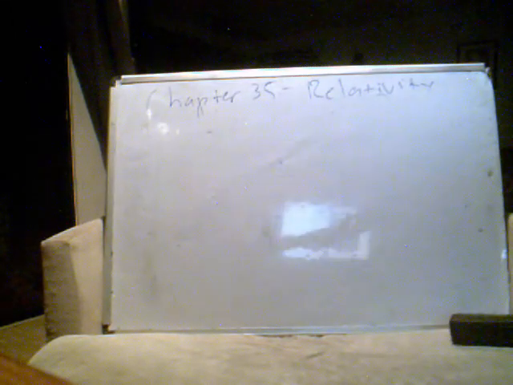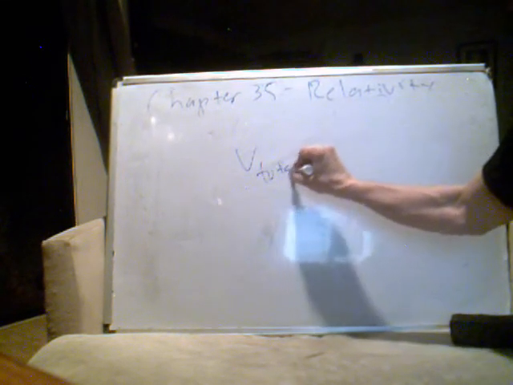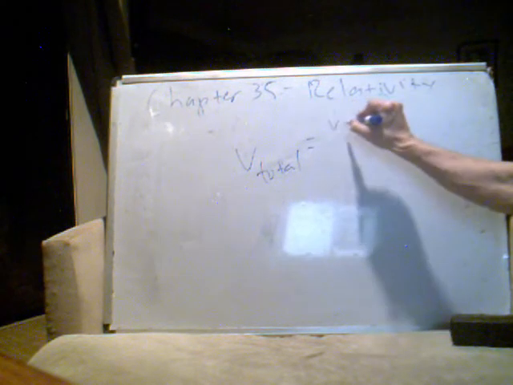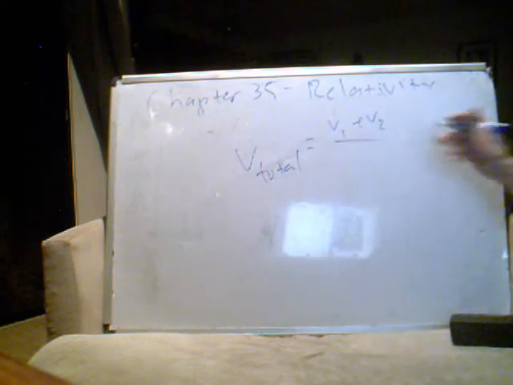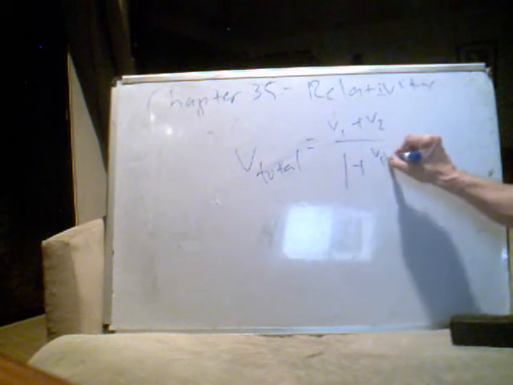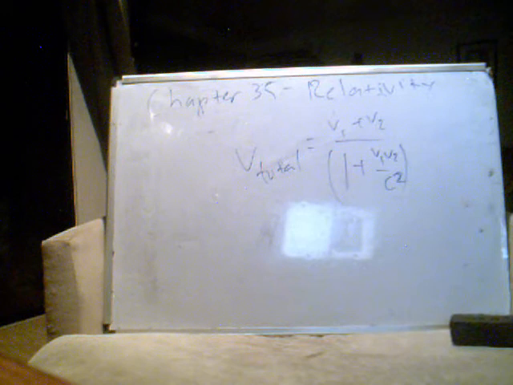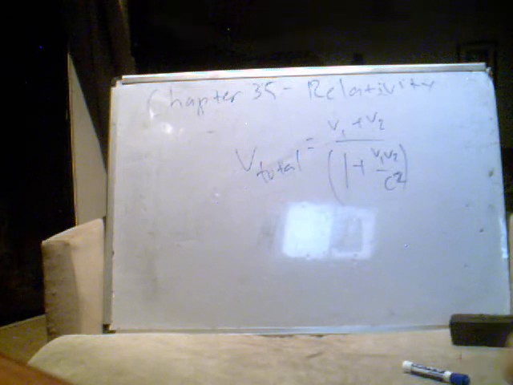We have to use this craziness, where the total velocity of two objects approaching each other or moving away from each other, with c squared, can be solved this way. This is for relativistic velocities.